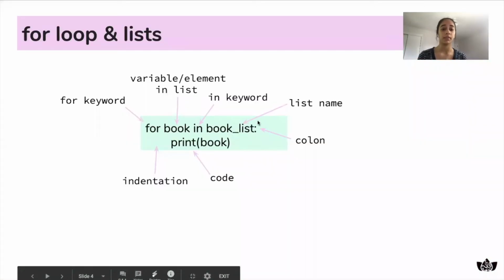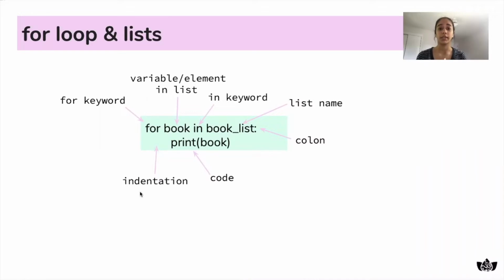This is just a basic example of how for loops are declared in order to go over a list. Here we have the for keyword, and that makes sense since it's a for loop. Next is a variable, or an element that is in your list.